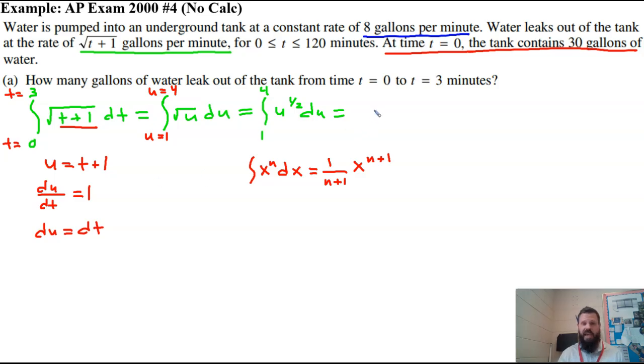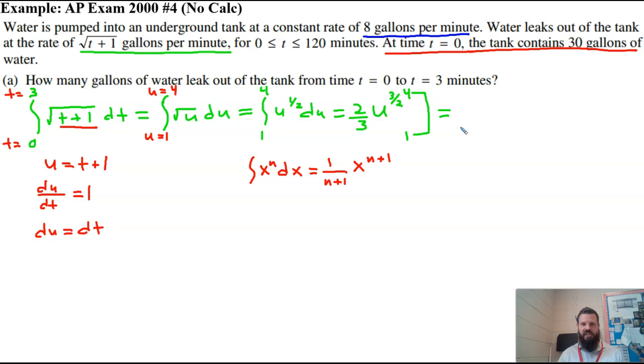So in this case, what we'd have here is u to the, when I go 1/2 plus 1, that'd be 3/2. And as far as this piece, the n plus 1 will be the same thing, 3/2. Now 1 over 3/2 is just the same thing as 2/3. All right, so there's our antiderivative, and we're going to evaluate that from u equals 1 to 4.